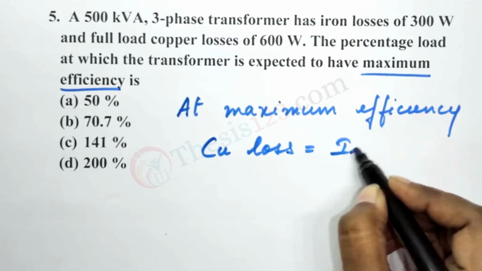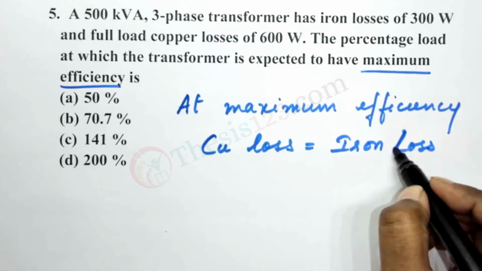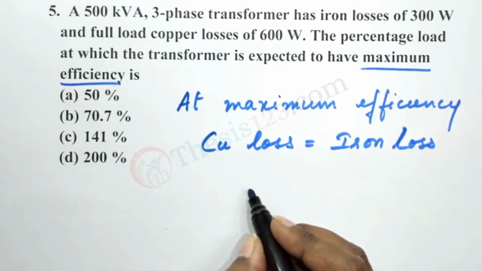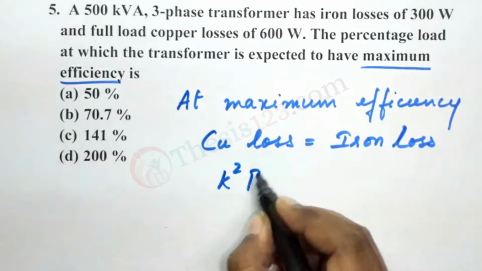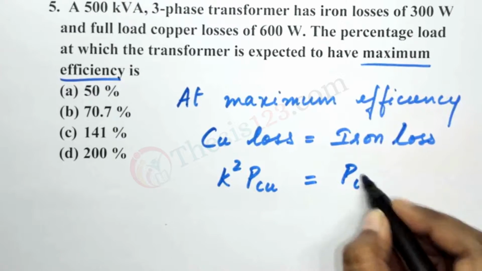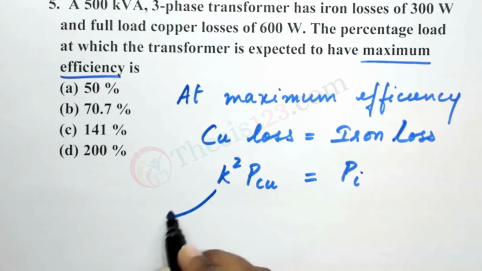Okay? So if we have to write an expression in this case, K square copper loss equals iron loss. Now the ratio here is in terms of K square. So the K is the load factor. Okay? This is load factor.